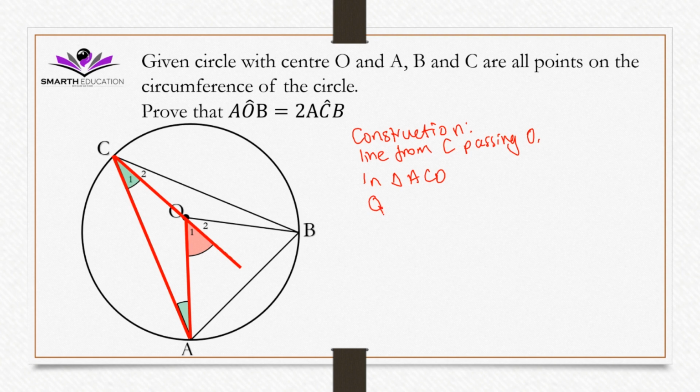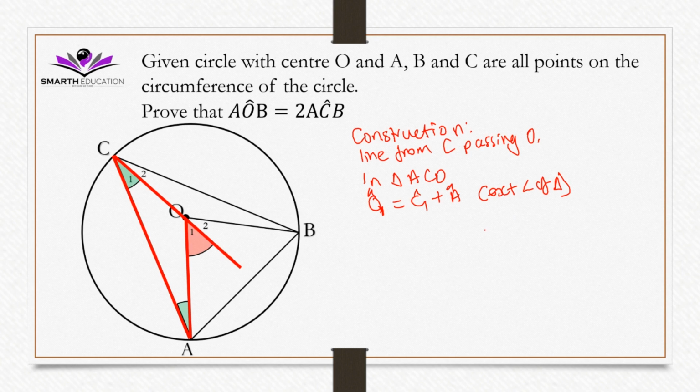Angle O1 is equal to angle C1 plus angle A. What's the reason? Exterior angle of a triangle.